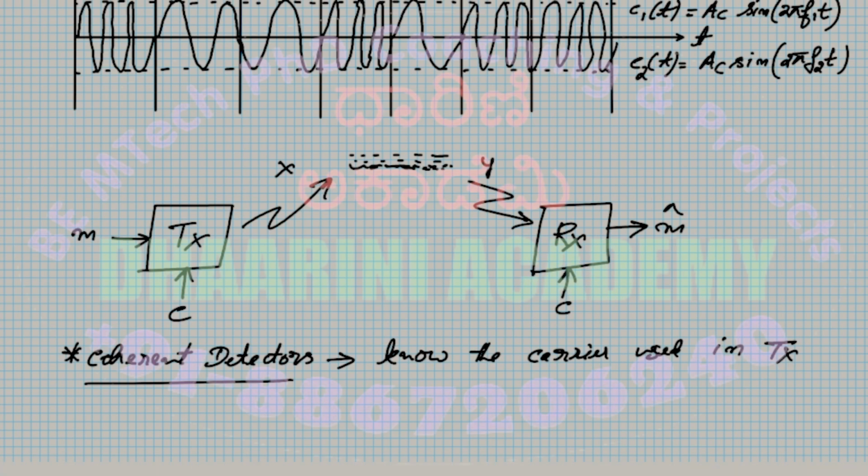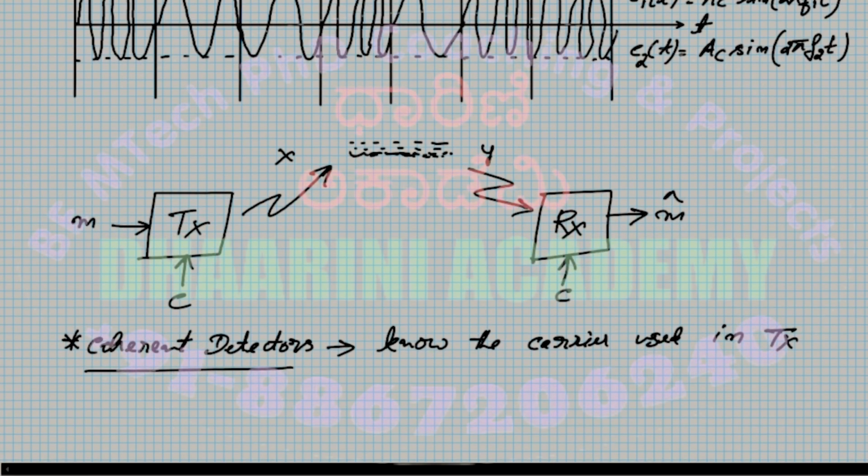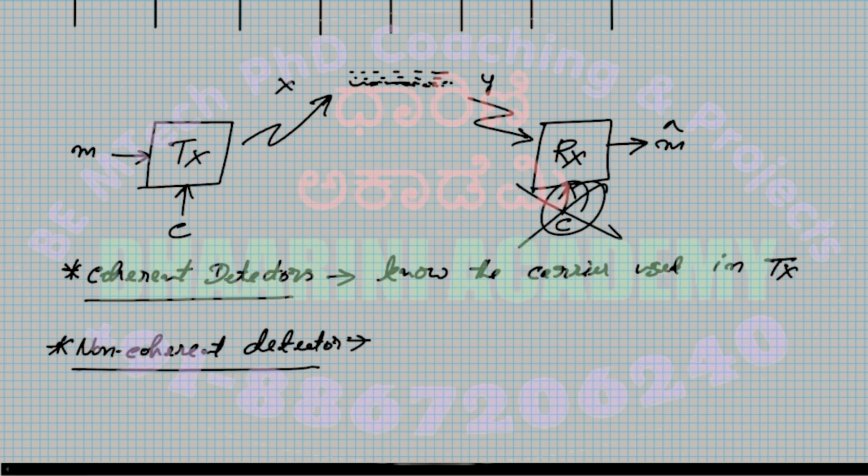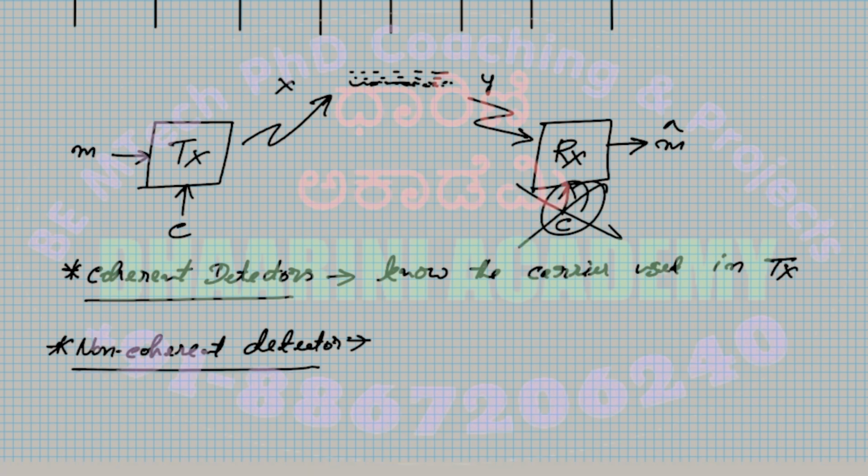But let's say there is another type of receiver which is non-coherent. In that case, this C is not available. There is no question of directly using C. By looking at the received signal Y, you need to use some logic.